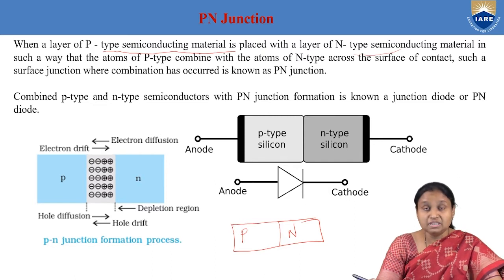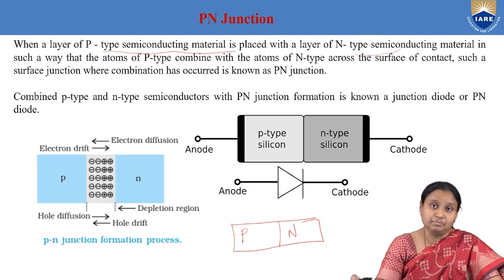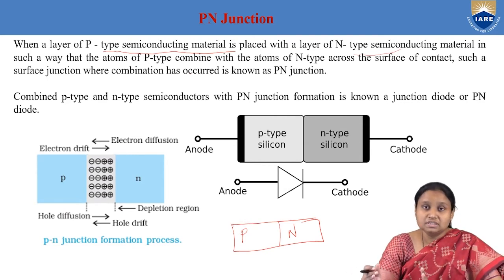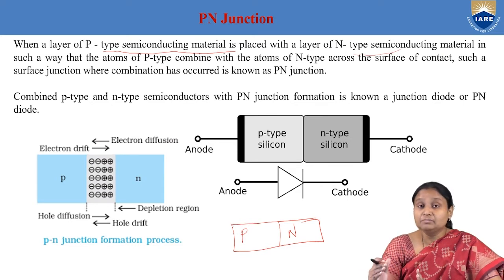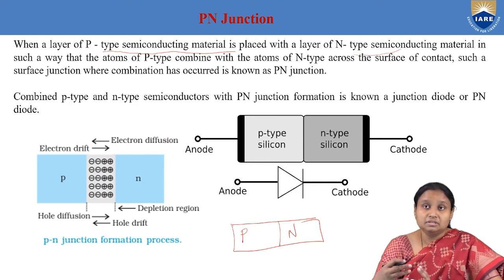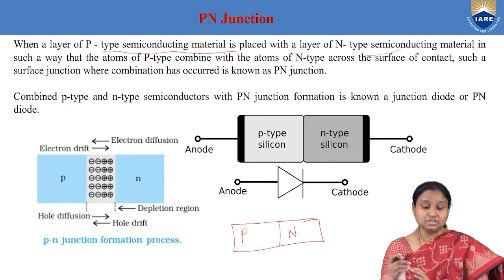We'll combine them in such a way that atoms of P-type combine with atoms of N-type. Not just joining them, but combining them in such a way that the atoms of P-type mingle with the atoms of N-type, and the total arrangement is called a PN junction.